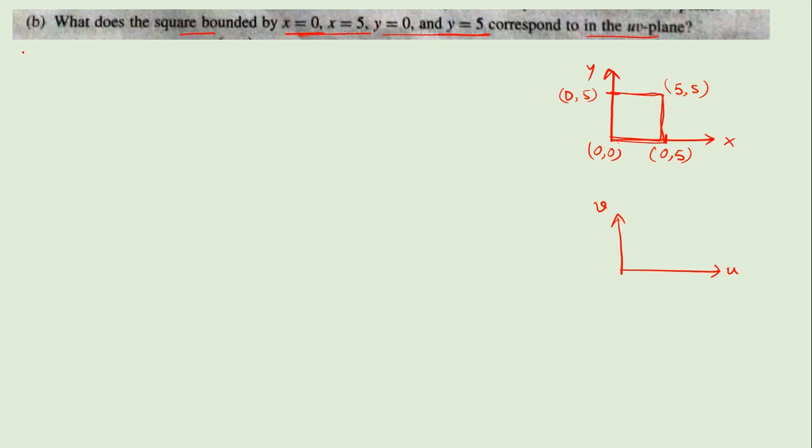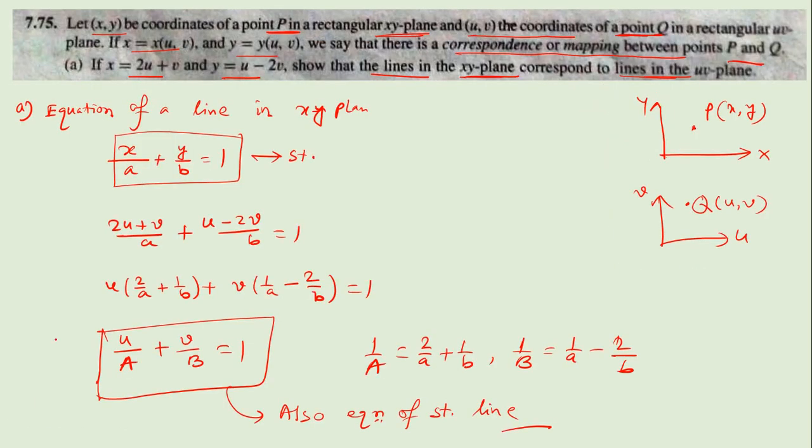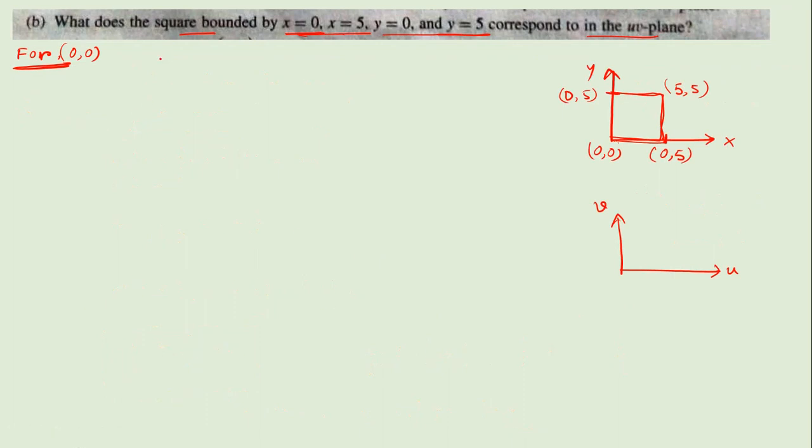Okay, for 0 0, that means x equal to 0, y equal to 0, and the equations you know from here are x equals 2u plus v, and y equals u minus 2v, right?